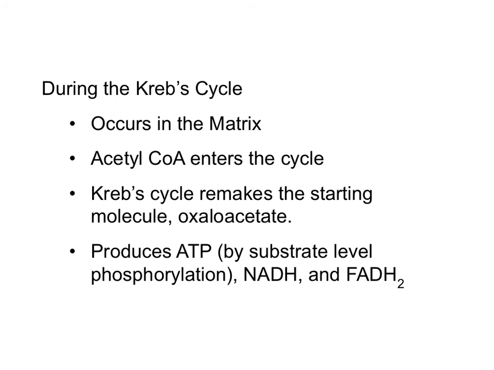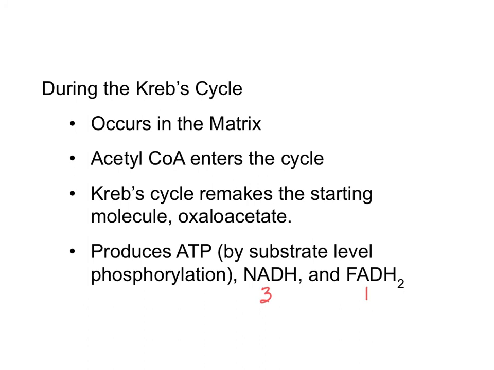Now, in that previous slide, we saw that there were 3 molecules of NADH produced and 1 molecule of FADH2 that was produced. But what you saw on that slide was for 1 molecule of acetyl-CoA.